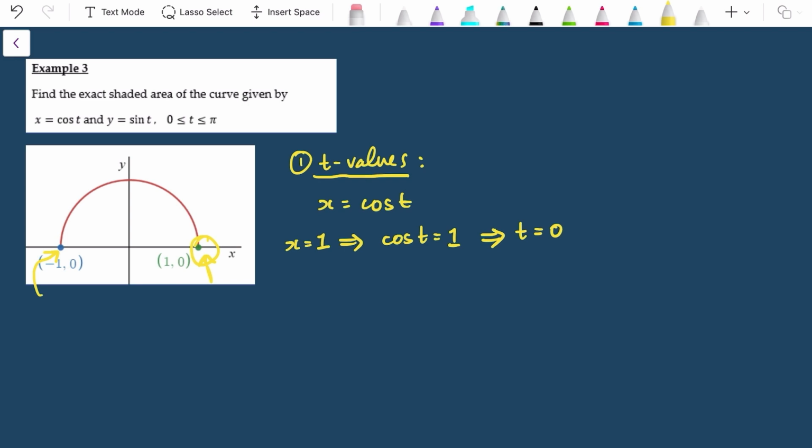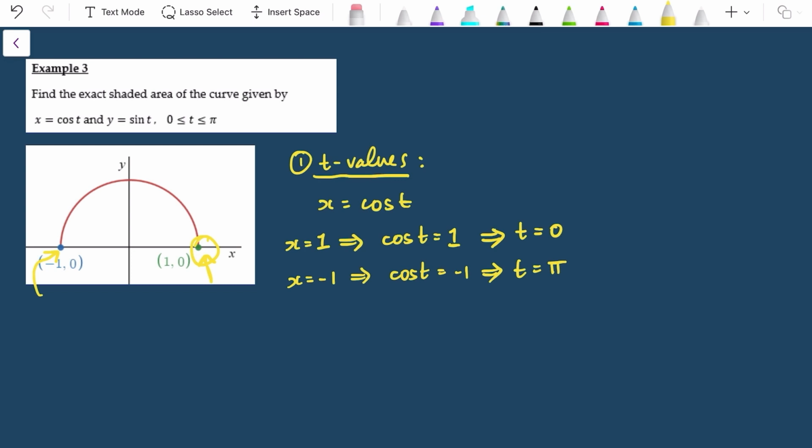And the second solution will be 2 pi, but we're just working between 0 and 2 pi. When x is equal to -1, then cos t is equal to -1. And between 0 and 2 pi, there's only one solution there, and that is when t is equal to pi.